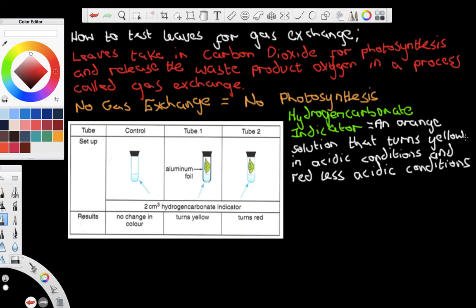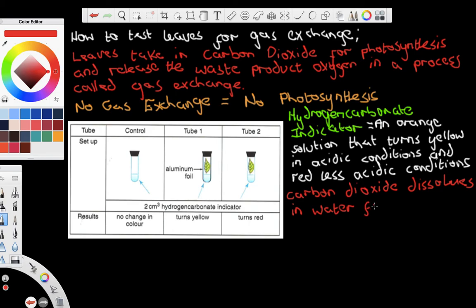When carbon dioxide dissolves into water, it forms an acidic solution. So we can put that carbon dioxide dissolves in water to form acidic solutions.